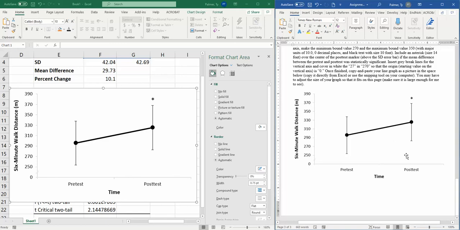So this exercise program may be effective at improving functional performance, functional ability, functional capacity in patients with COPD.